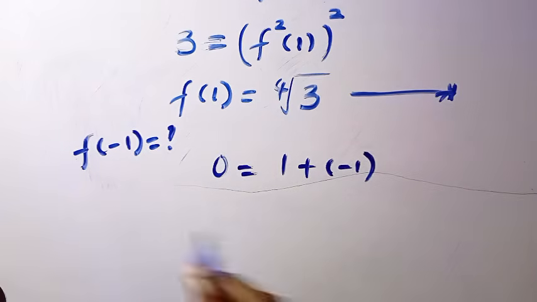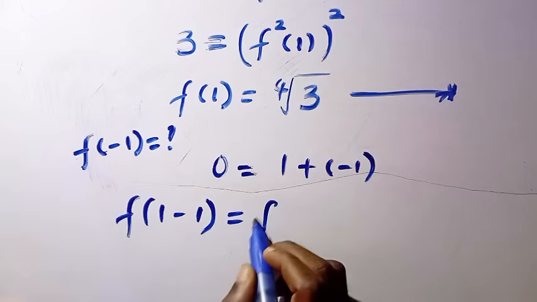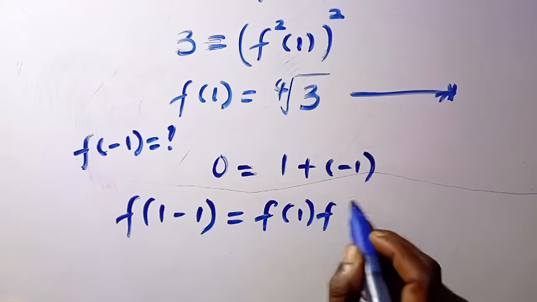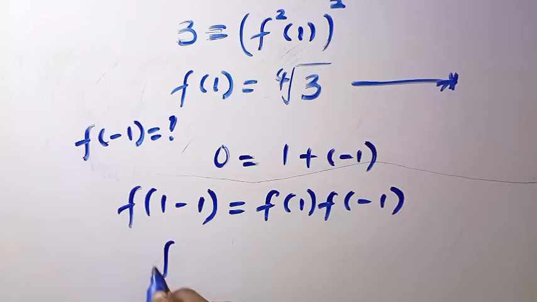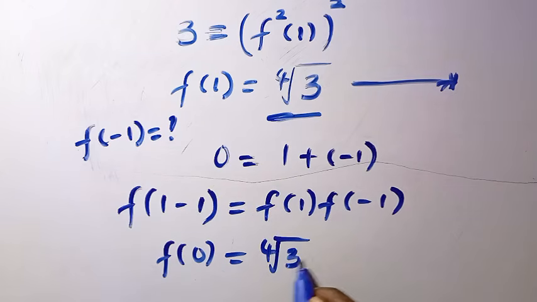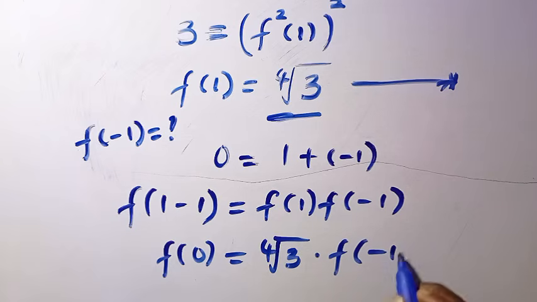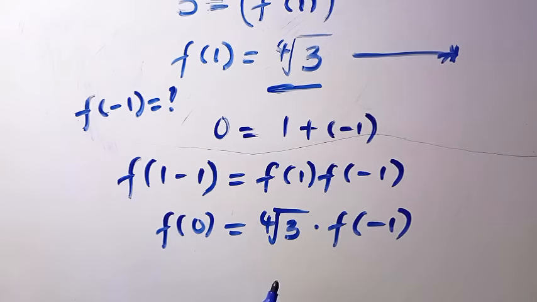And for f of 1 minus 1, this gives us f of 1 multiplied by f of minus 1. Then this is f of 0, and f of 1 is the fourth root of 3. So by writing it, we have the fourth root of 3 multiplied by f of minus 1. And again, f of 0 is given as 1.